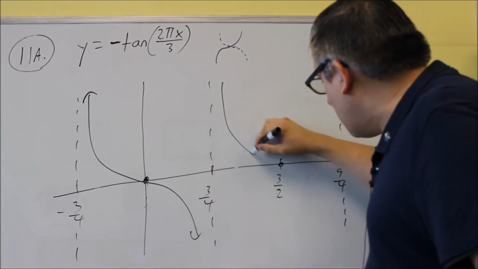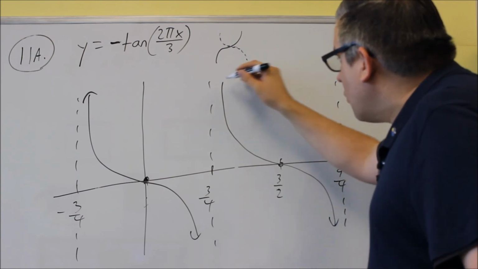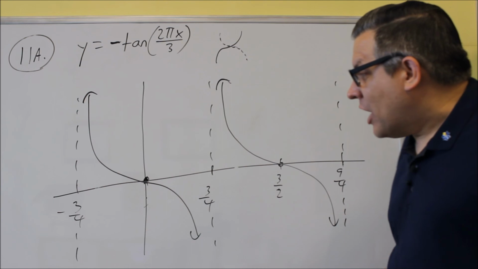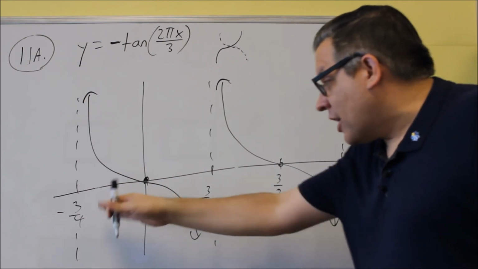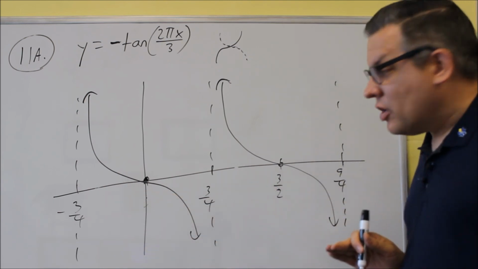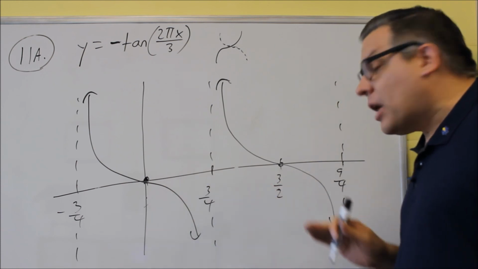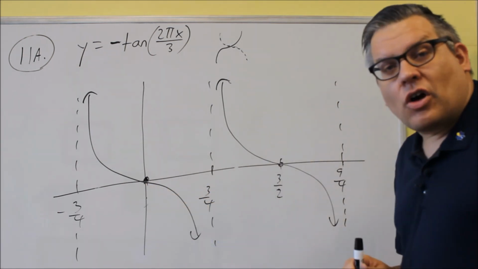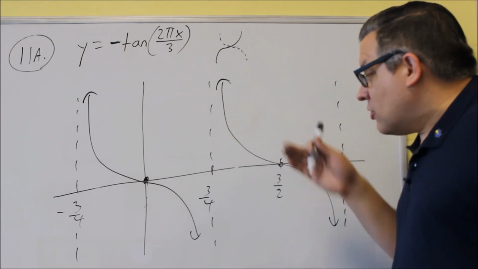It's going to do exactly the same thing for this one here. And so this would be your completed graph. We have asymptotes at -3/4, 3/4, and 9/4. And then on the 0 and 3/2 itself, we have no pi's down here because they all canceled out. We have the x-intercept in between.